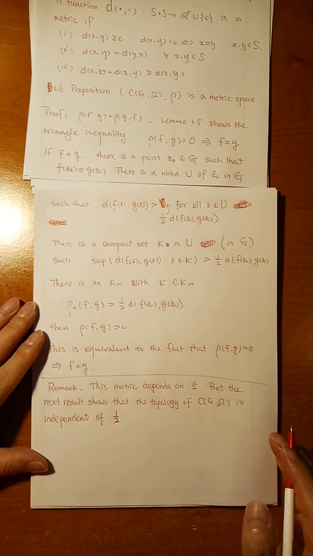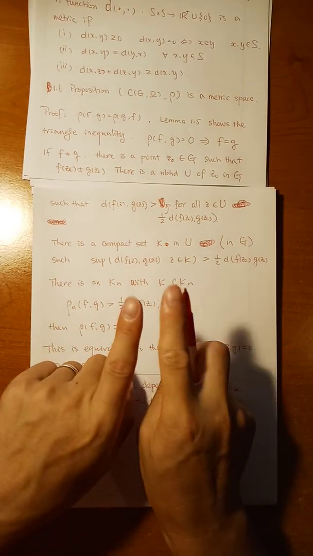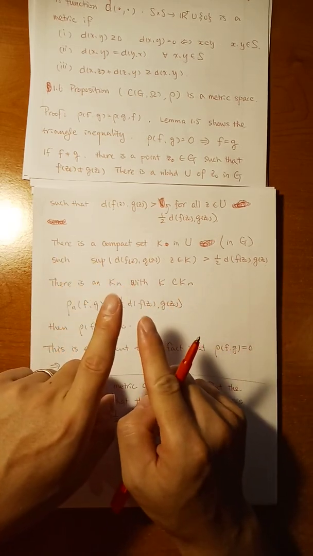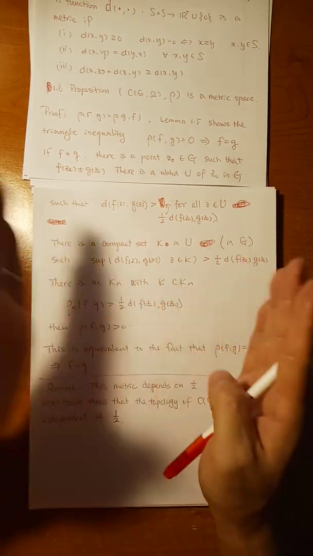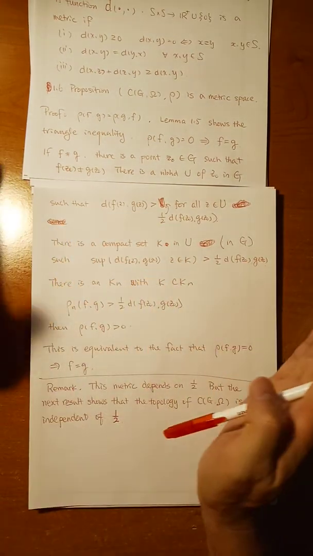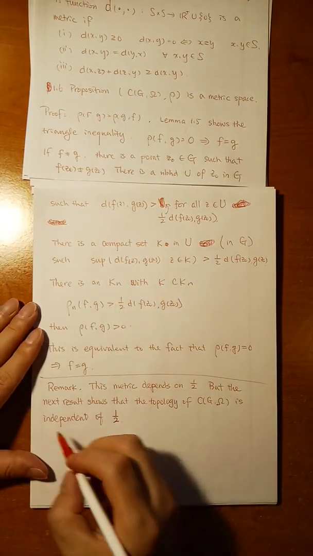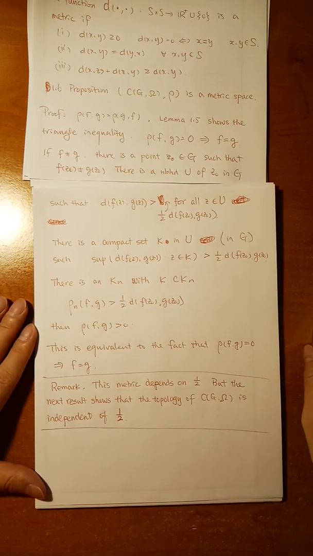Same open set means in one topology, you say two elements are close. In another topology, those two elements are still close. But the distance, how close it is, distance 1 or distance 1/2, that's different. But we can still say they are close. So that's what we're going to prove in the next lemma.